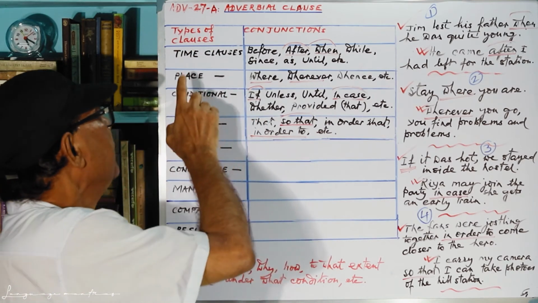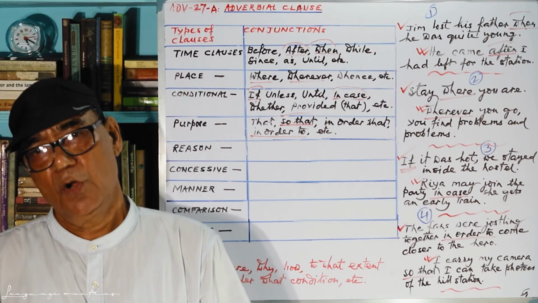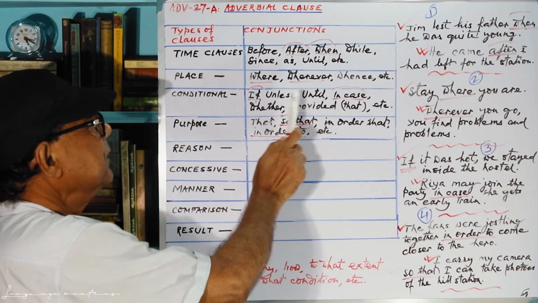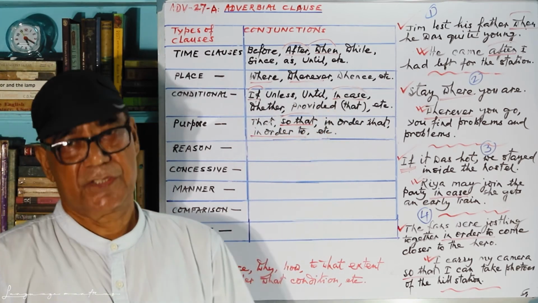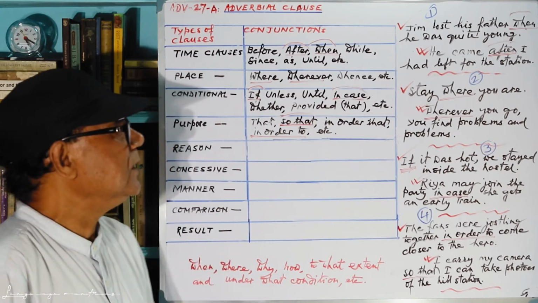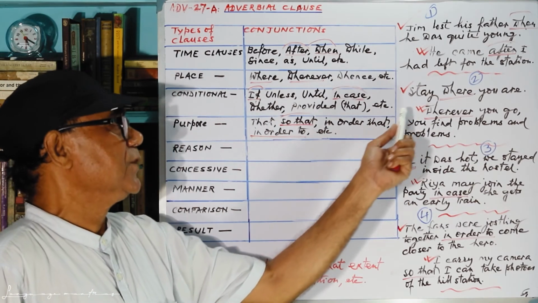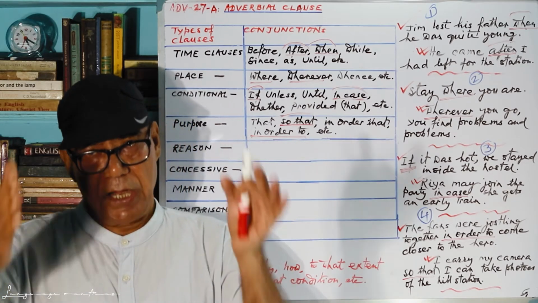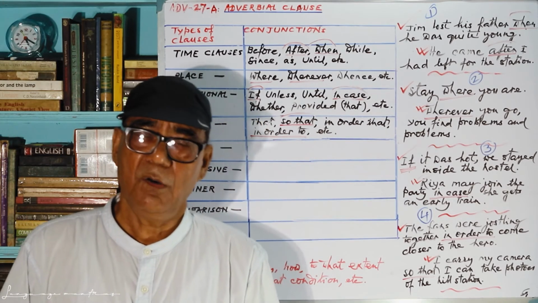Now come to place clauses. Now, place clauses normally begin with where, wherever, whence, etc. It refers to some place, and you see the example. Stay where you are. Stay where you are. Stay, this is the principal clause. How?